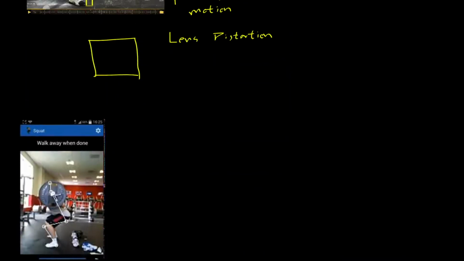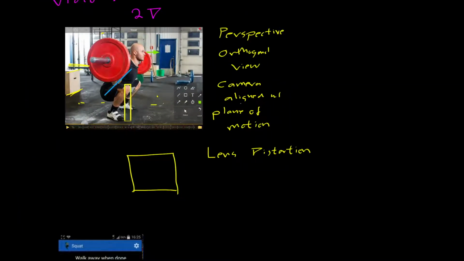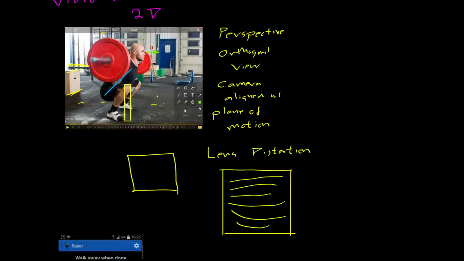So what you'll find is that even if you have your camera head on, if it's too close to the thing you're taking a picture of, the grid lines, like if you drew a rectangular grid in the photo, the grid lines would be distorted, like this. And that would mess up your kinematics as well.